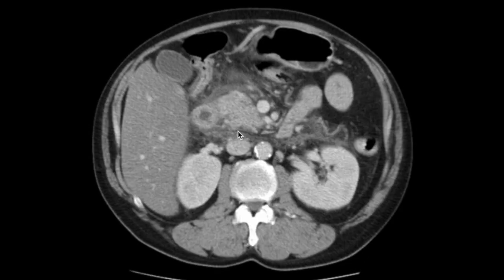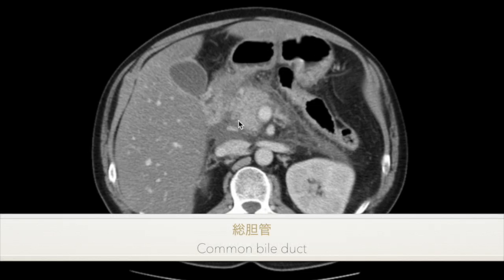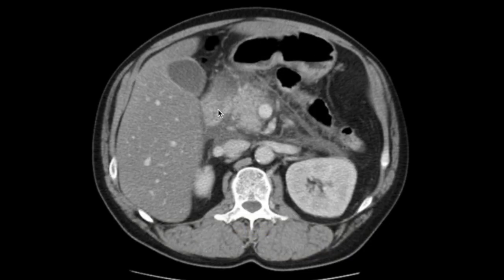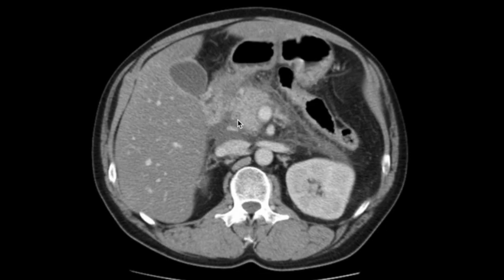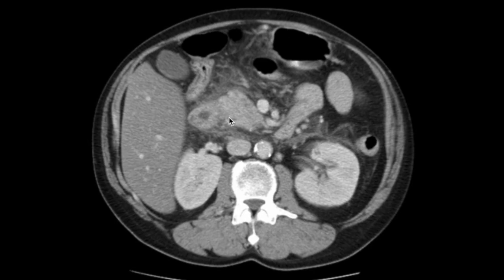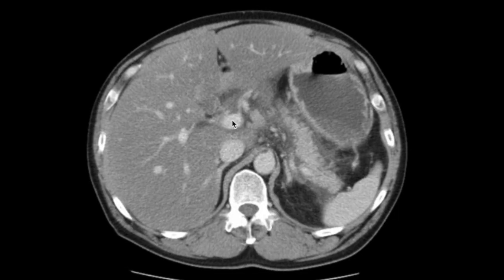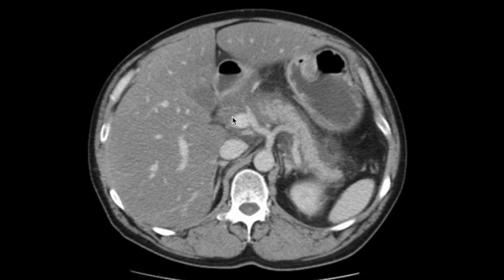Near the pancreatic head is a small tubular structure, the common bile duct. If a gallstone from the gallbladder rolls down and lodges here, it's called a common bile duct stone. It blocks the flow of digestive enzymes from the pancreas and triggers pancreatitis. Gallstones usually appear bright on CT, but inspection of the common bile duct shows no bright spot suggesting a stone.